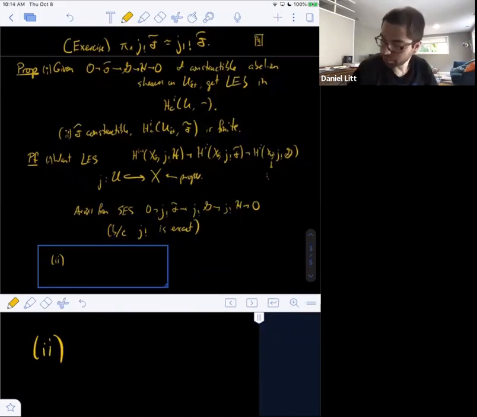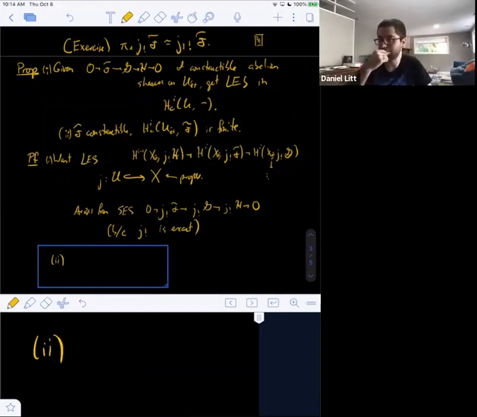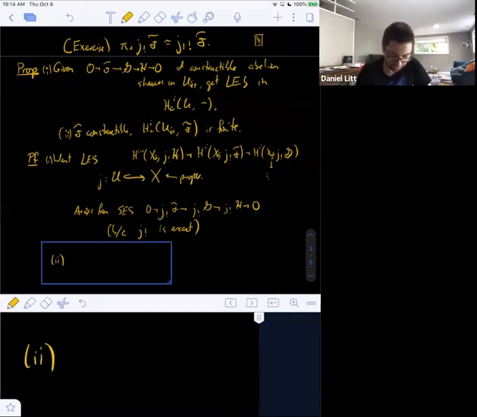What about 2? Maybe we could show that j_!F is constructible on X. Yeah, that would suffice. So I think we actually already discussed that maybe verbally.